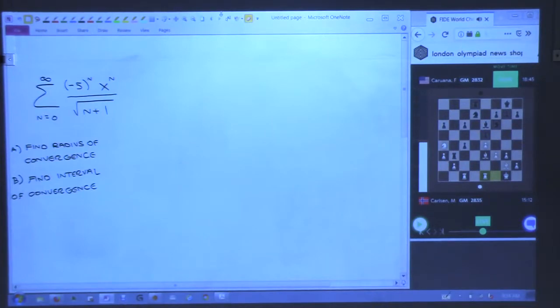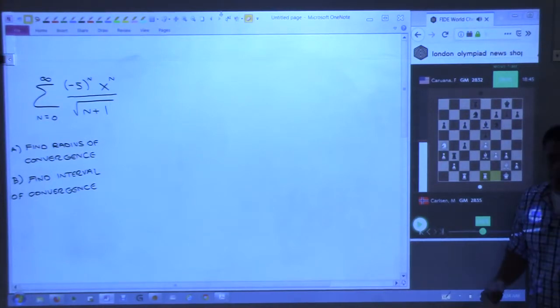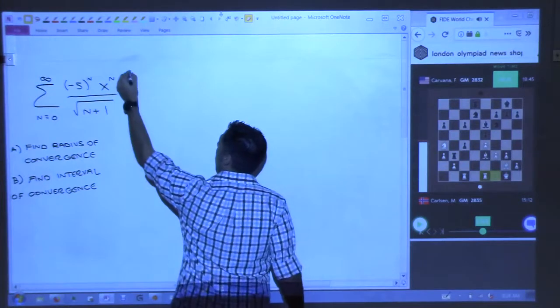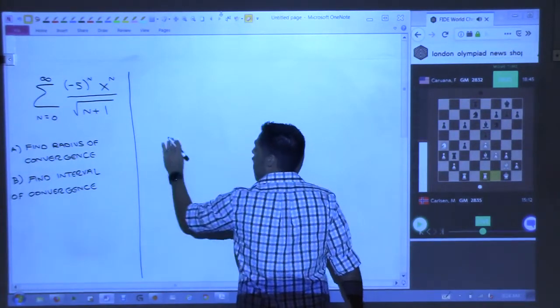So we're asked to find two things here. Well, I've got to start out with the ratio test, because the ratio test is going to tell me what's happening to this series, right? And it's going to be one of three outcomes. We're either going to get all real numbers, we're going to get a single point, or an interval.